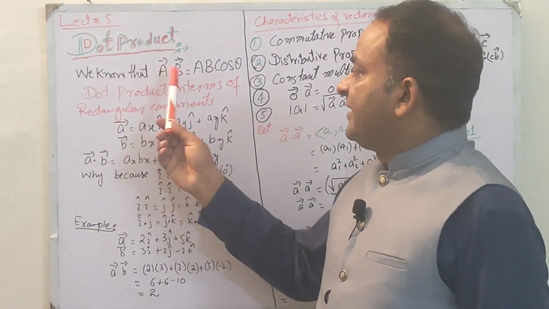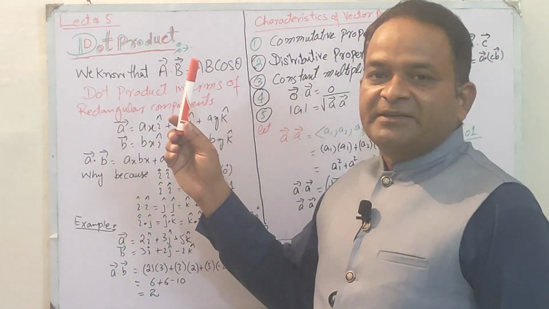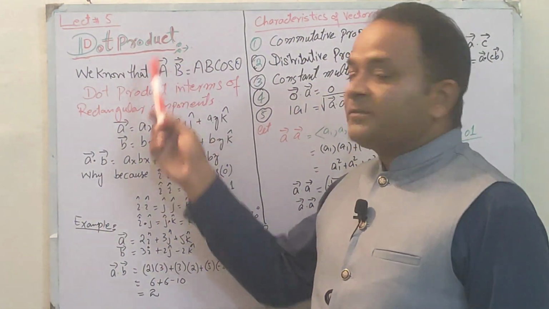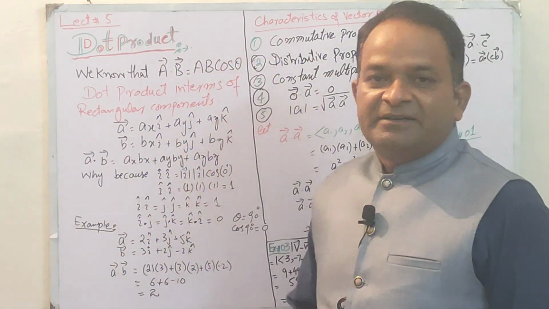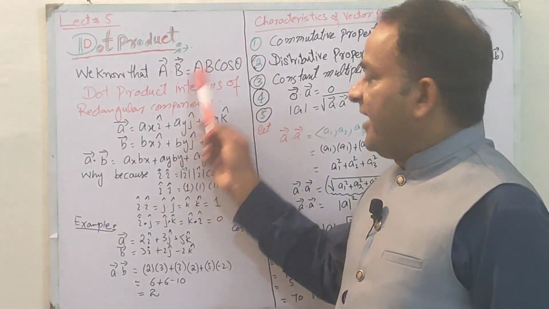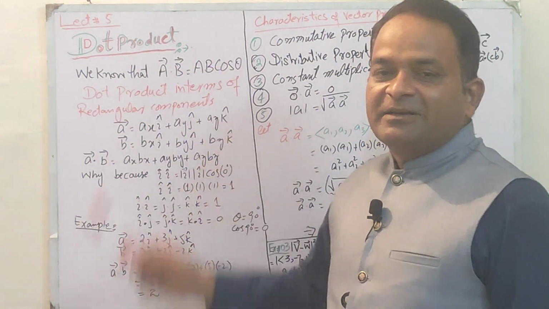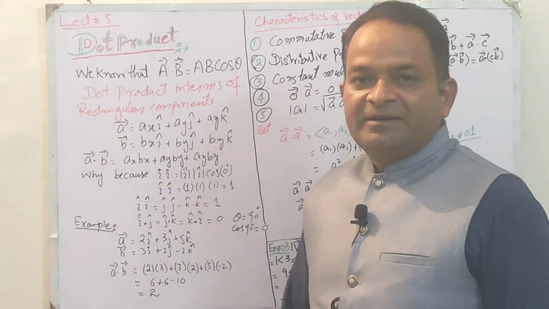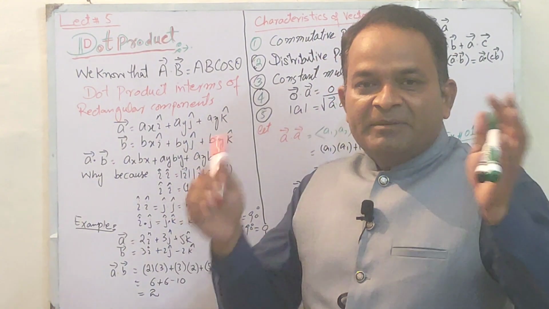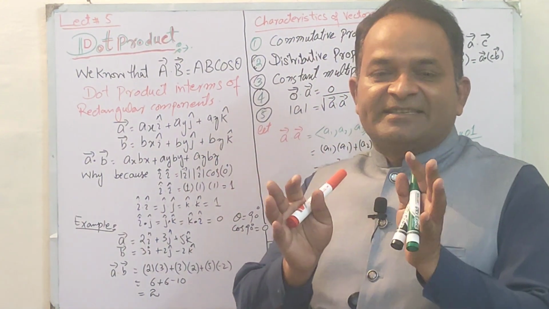So we know that A vector dot B vector, if you are taking the dot product of A and B, you will get AB cos theta, where A and B are the magnitudes of vector A and vector B. What is magnitude? Magnitude is a size.